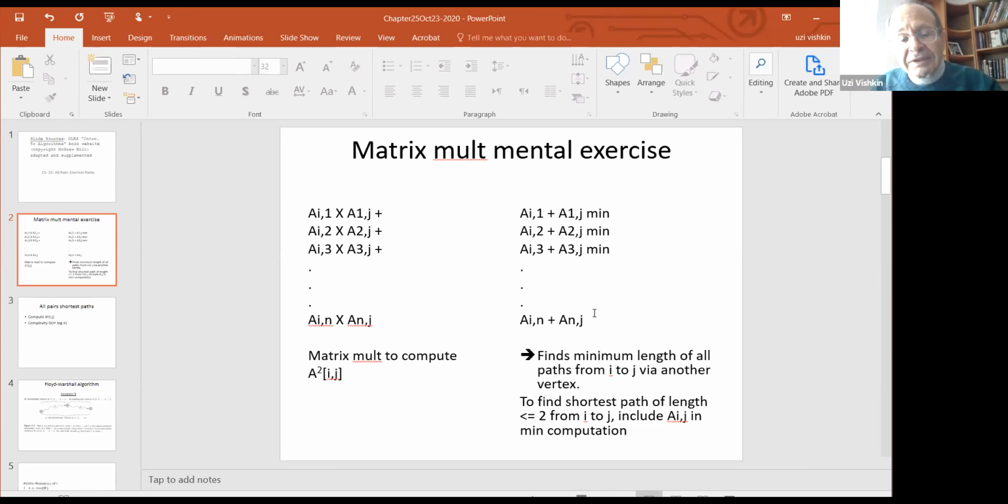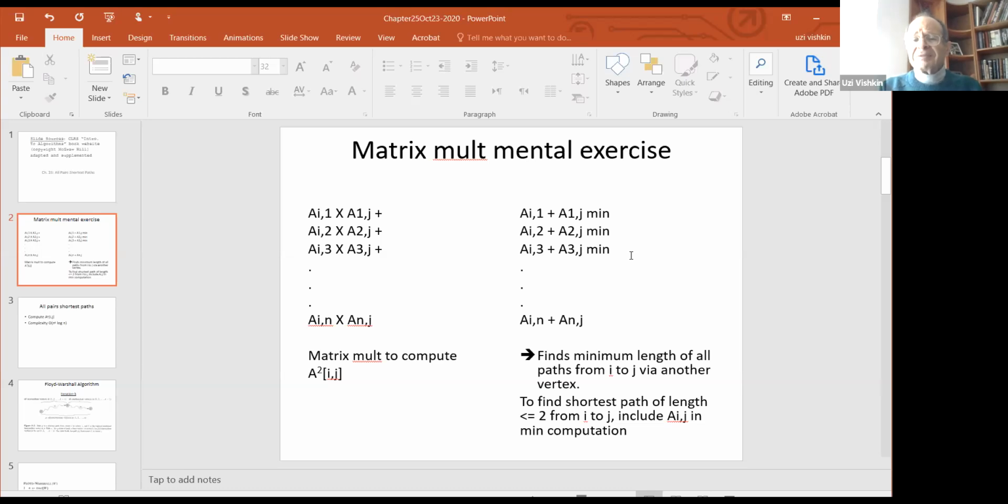So is it clear to everybody that in terms of an algorithm, the n-cube algorithm that you learned in high school for multiplying two matrices of size n by n gives you the shortest path of length at most 2 from i to j, by basically computing A to the power of 2 of ij in the sense of these two binary operations, plus and minimum?